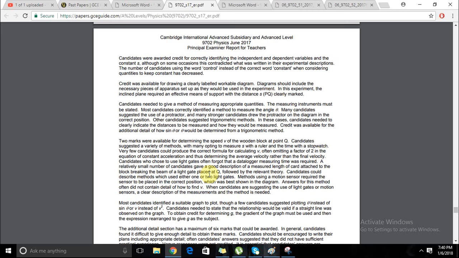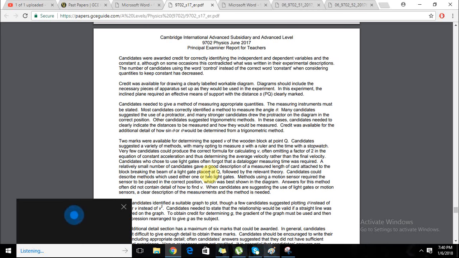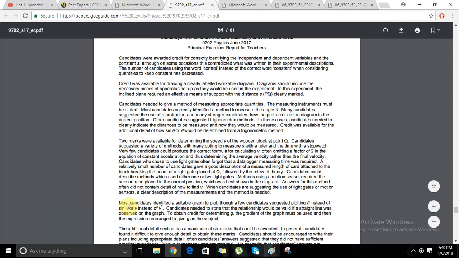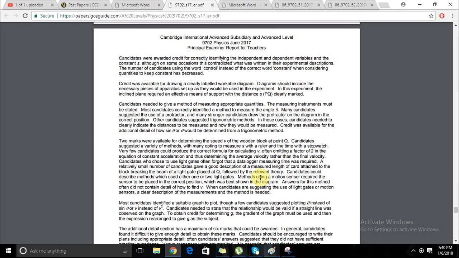Methods using a motion sensor needed the motion sensor to be placed at the correct position ahead of the point Q. And answers for this method often did not contain detail of how to find v. When candidates were suggesting the use of light gates or motion sensors, a clear description of the measurements and the method is needed.